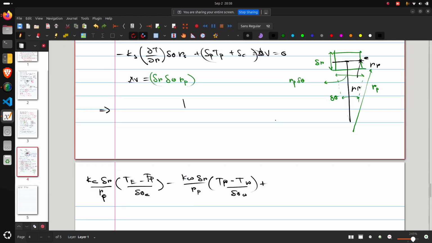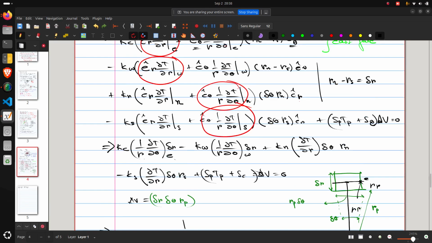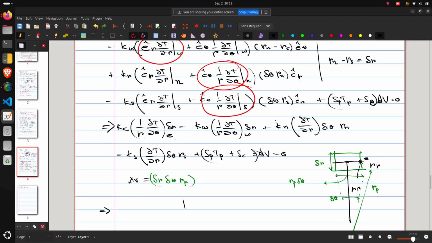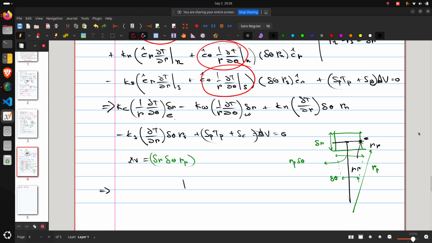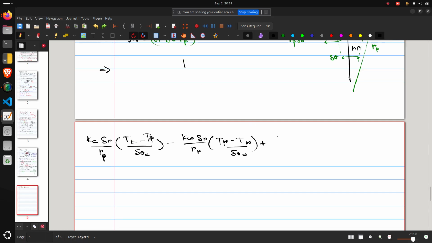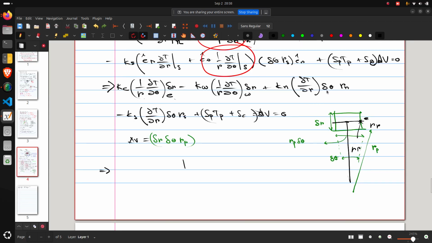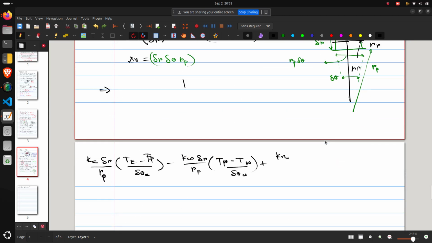Now for the north cell, what will it be? It will be Kn, and what will be the area? It will be del theta Rn.